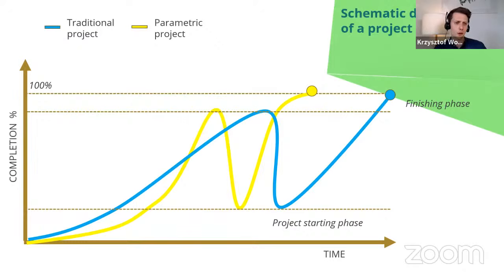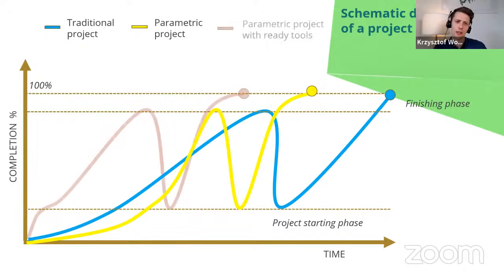Now I will show you the third option, when we already have parametric tools ready. If we already have a parametric tool created for a specific task, you can see the curve starts going really steep up and really fast in the finishing phase. And the same as with the parametric approach, we can easily come back to our finishing phase.